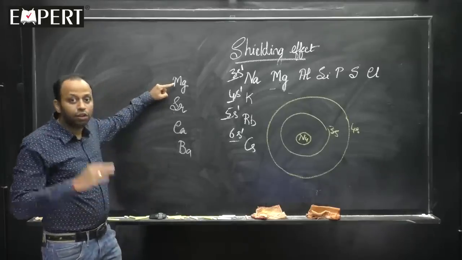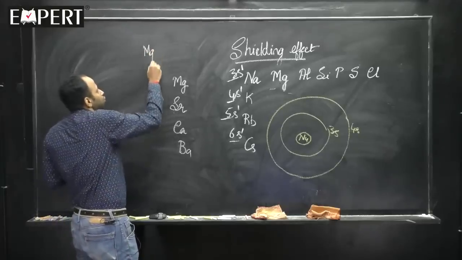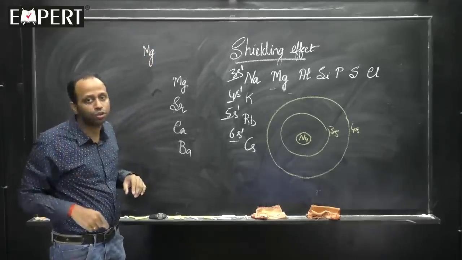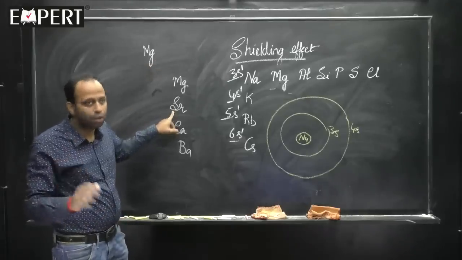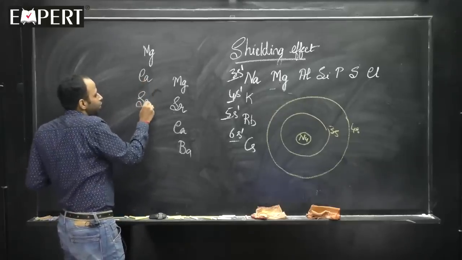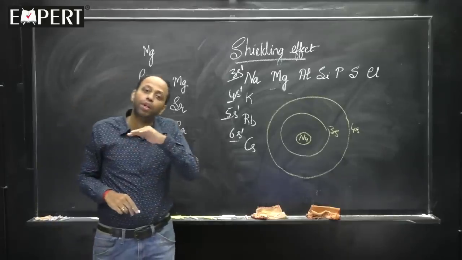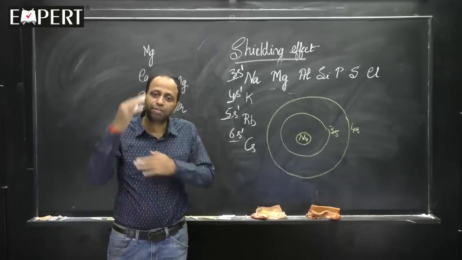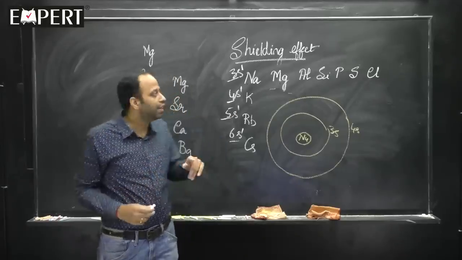I should take the order first. This is why your knowledge of the periodic table along the group is also important. After magnesium, strontium does not come; after magnesium you get calcium, then you get strontium and then you get barium. Do not always expect us to give it to you in order, sometimes we may mess up the order. So, you have to first write it in the order, then think about this.